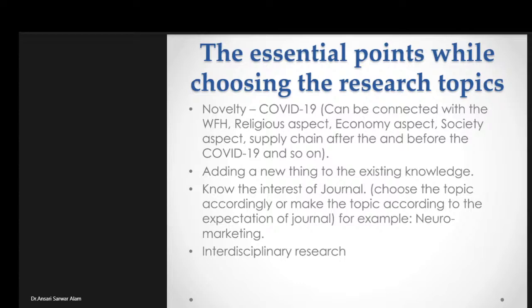It can be connected with the religious aspect, the economic aspect, the social aspect. And yes, we can look at supply chain management: how Zomato, how big names like Amazon are going with the supply chain. So we can look at the supply chain before and after COVID-19, and so on.